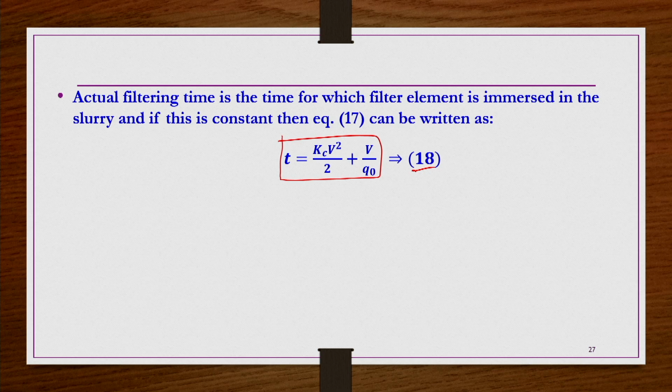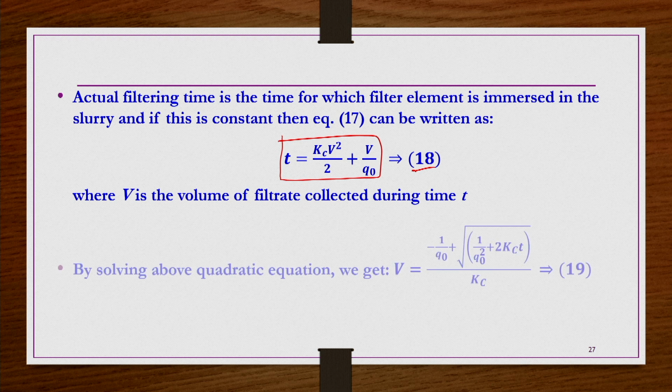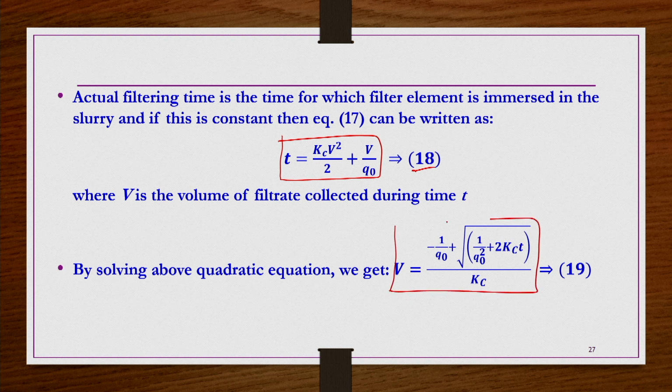So this equation now should be solved to get an expression for V as a function of time. Here V is the volume of filtrate collected during time t, and by solving this quadratic equation, you will get V is equal to minus 1 by Q naught plus square root of (1 by Q naught square plus 2 Kc t divided by Kc).